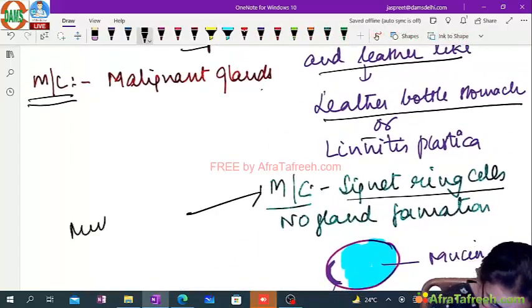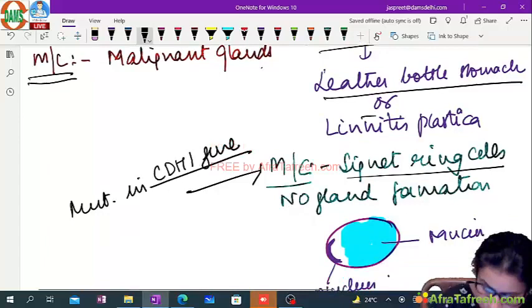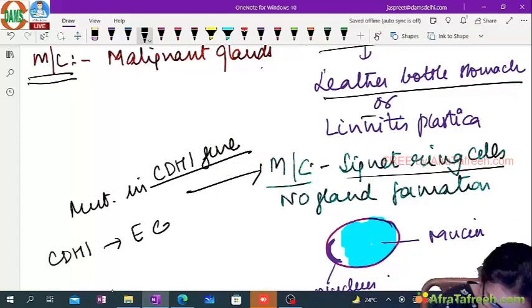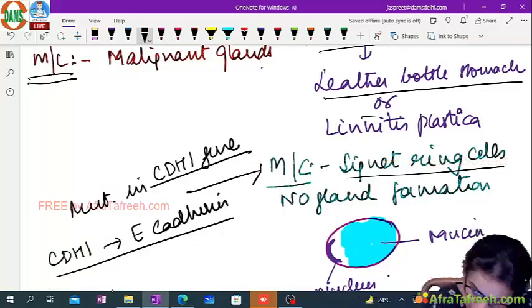Because there is a mutation in a gene called CDH1. This CDH1 gene produces E-cadherin. So when there is mutation in the CDH1 gene, which we see in diffuse type, there is no E-cadherin.